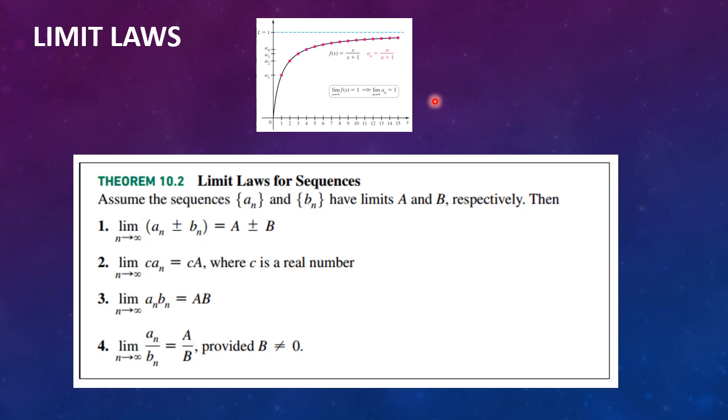Number 4 is the quotient rule, and this works the same way. The limit of a sub n over b sub n is equal to uppercase A over uppercase B, the limits of each sequence, provided that B does not equal 0 because it's in the denominator.